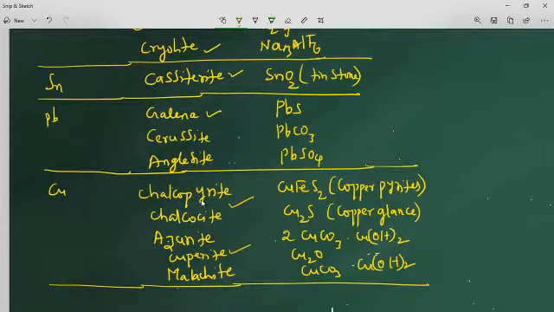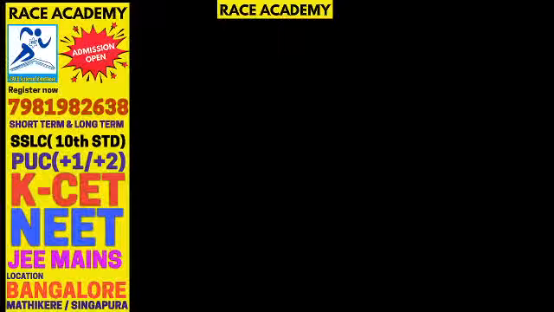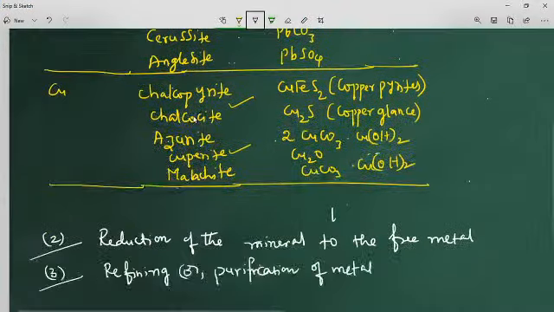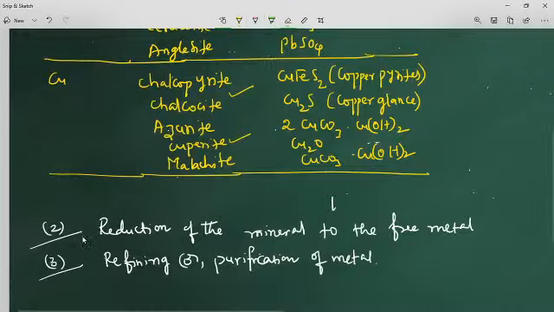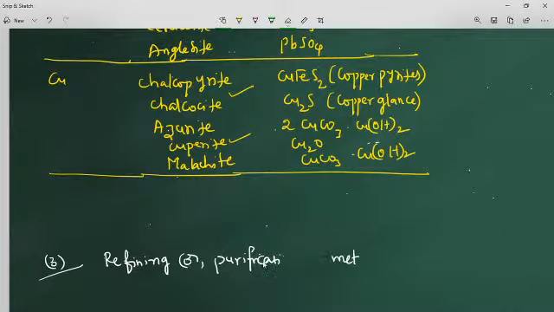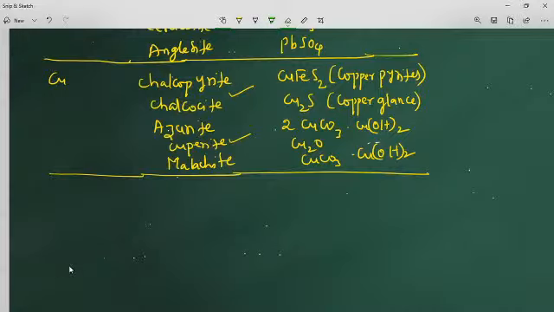Let us move to the silver case. There are three important ores for silver. Like copper and other metals we discussed, there are also oxides, halides and sulfates. The silver symbol is Ag.